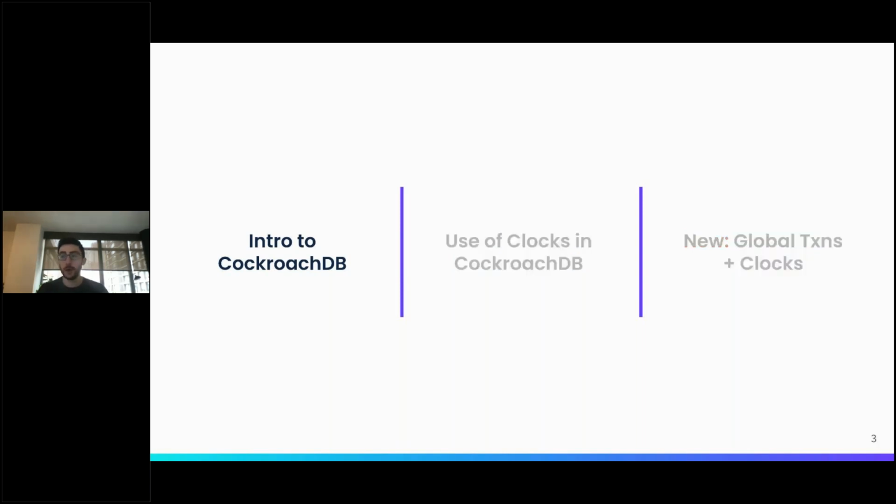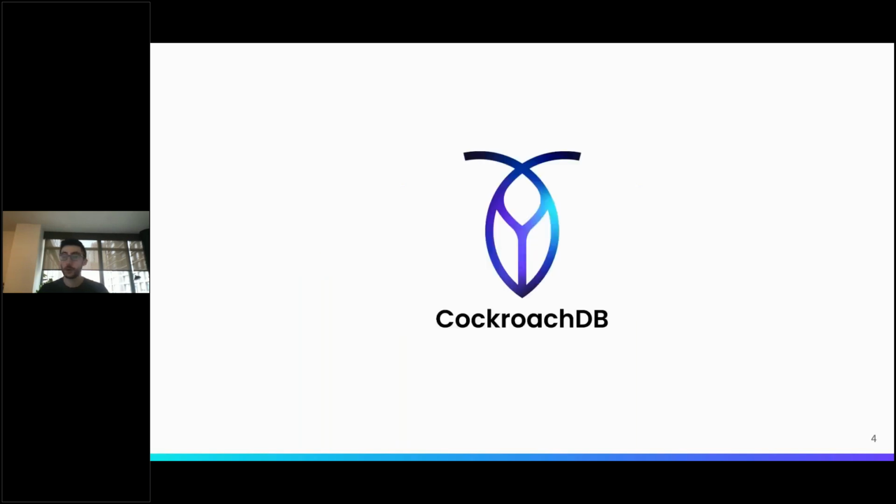We'll start with a basic introduction to CockroachDB. I don't want to spend too much time here because there's plenty elsewhere on the web to find about this topic. But for those who are new, I think this will be helpful to set the stage. CockroachDB is an open source distributed SQL database. What that means is it provides the ACID guarantees and the expressive interface of something like Postgres.